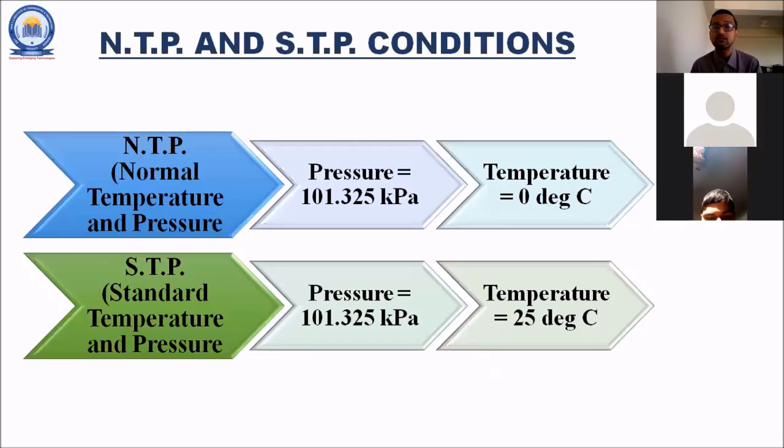But when we consider the STP conditions, that is standard temperature and pressure, the pressure value remains the same, that is 101.325 kilopascal, but the temperature value changes, so temperature is 25 degrees Celsius. So these are the simple understandings related to the NTP and the STP conditions.